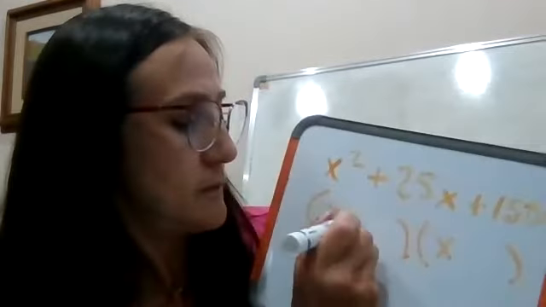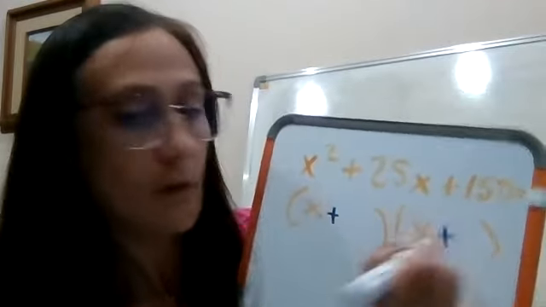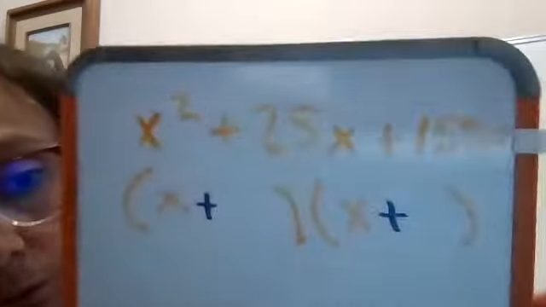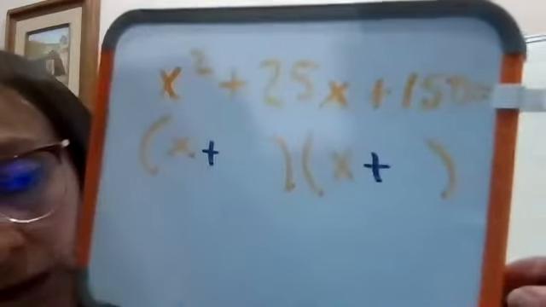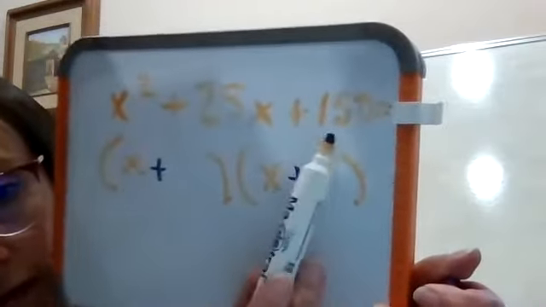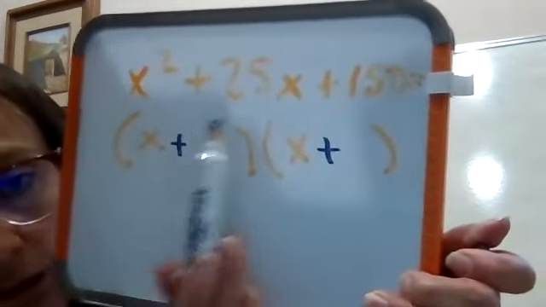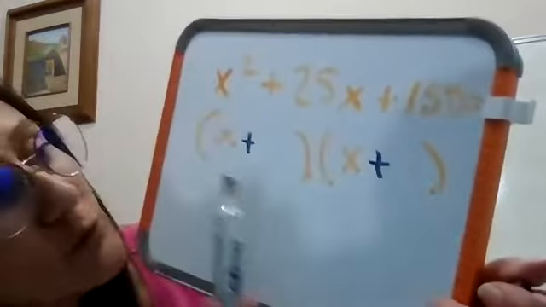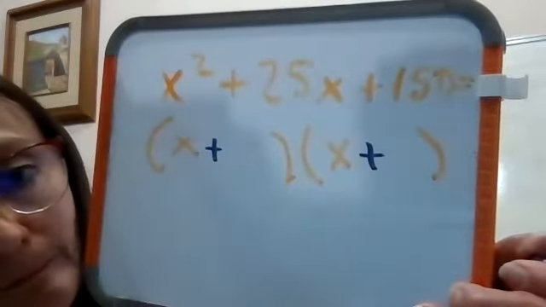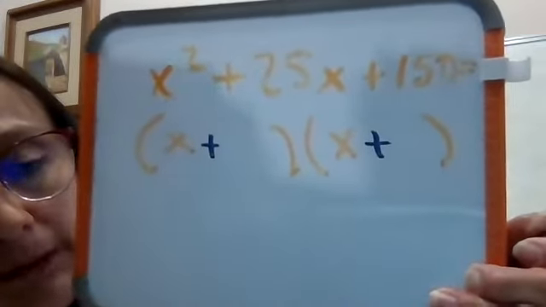So we'll put here positive and positive. Look for two numbers that when you multiply will get 150, and when you add them, because both are positive, will give 25, okay? Which numbers will they be?